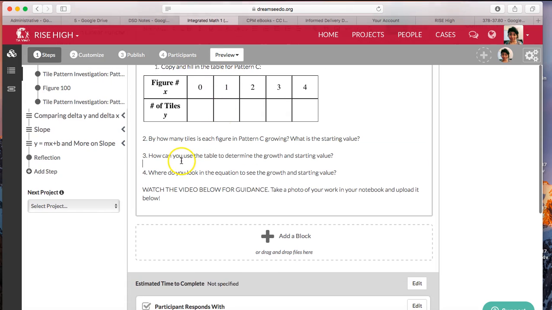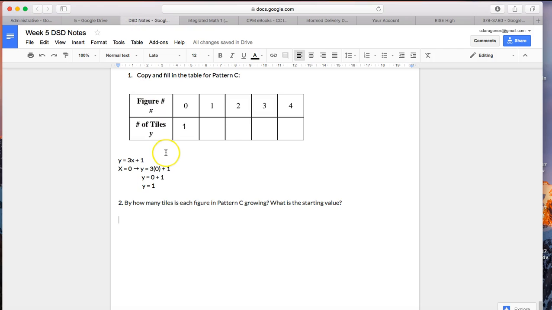Okay, so the third question is just asking you how you can use the table to determine the growth and starting value. So you're able to figure out, hopefully using your data table, what your starting value and your growth is, but how did you do that? I would like an explanation of your thought process on what you did exactly.